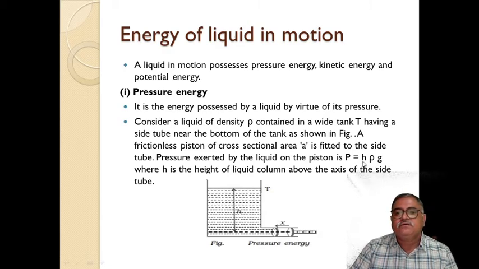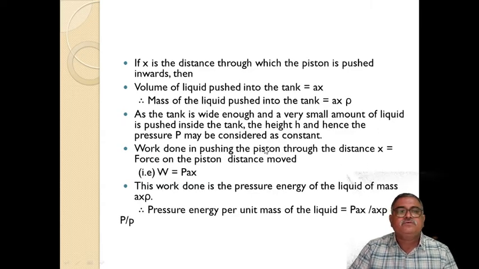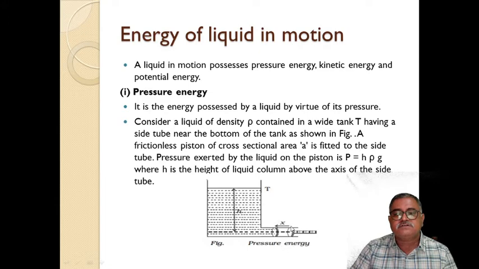See here what is the significance of these notations. h is the height of the liquid column, rho is the density, and g we know. Now, if x is the distance through which the piston is pushed inward, initially the piston is here and it takes this position.